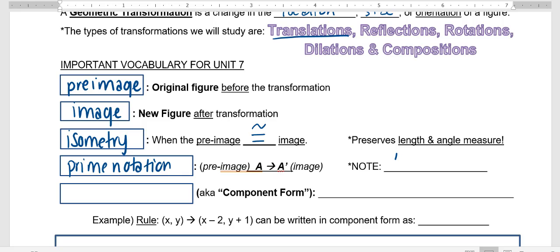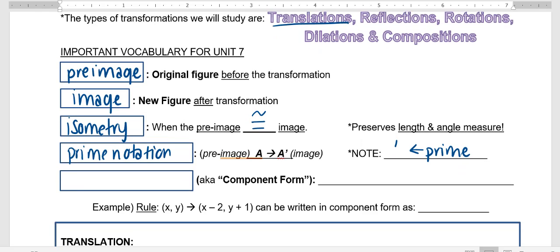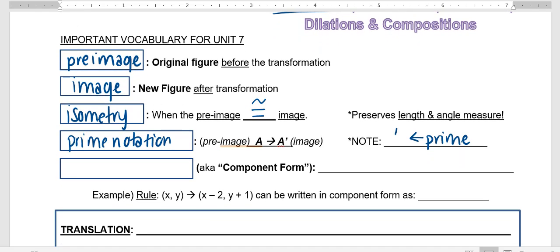This apostrophe just means prime. And sometimes we'll see a single prime, sometimes we'll see a double prime, and that just means that figure is the newer one, right? The more primes, the newer the figure is.